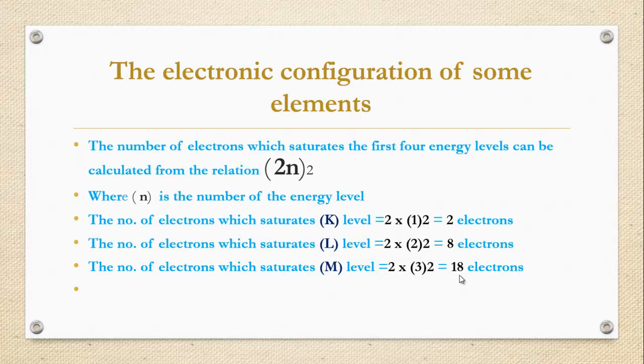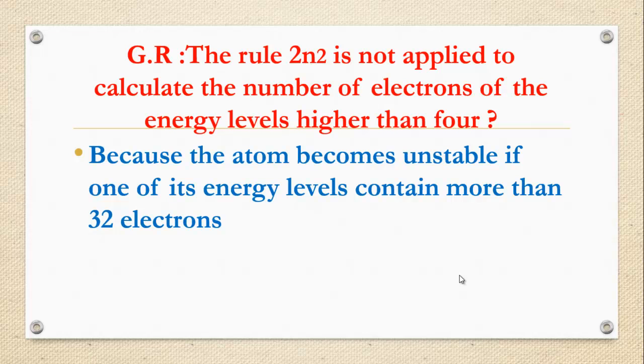You can calculate the number of electrons in the K, L, M and N levels only. What about O, P, Q? The rule 2n power 2 is not applied to calculate the number of electrons of the energy levels higher than 4.